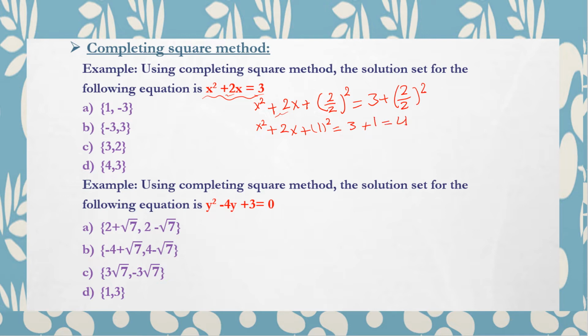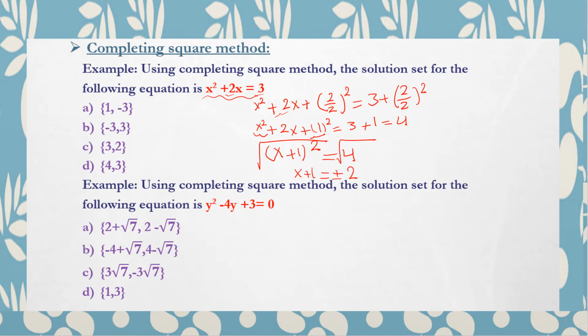By putting x and 1 squared into one bracket, in this form, x plus 1 all to the power 2 equals 4. After that, we can solve this equation by taking the square root. The square root of both sides gives us x plus 1 equals plus or minus 2.